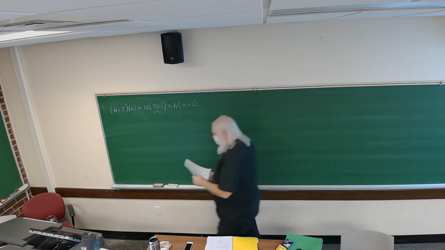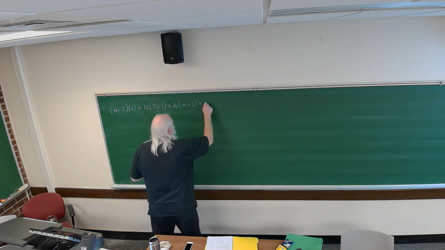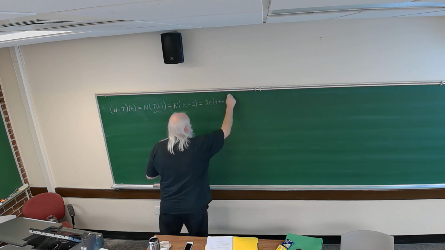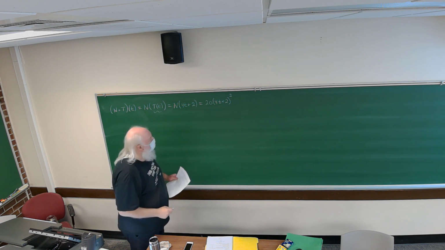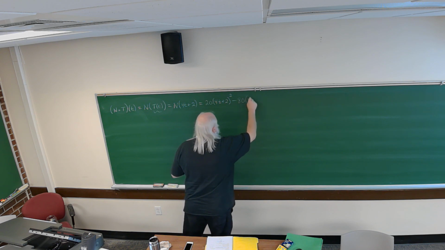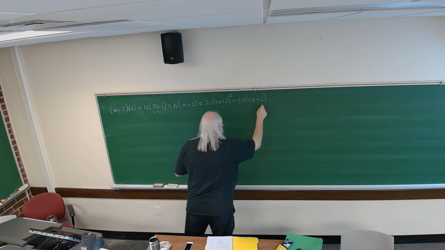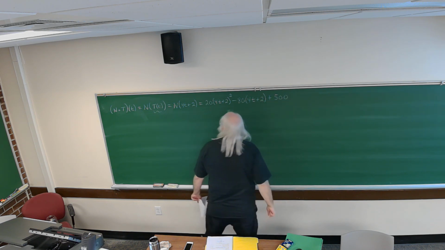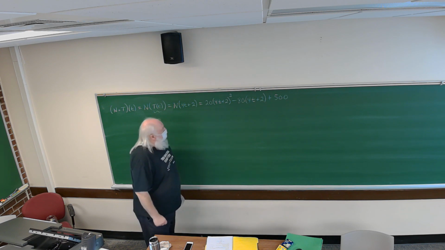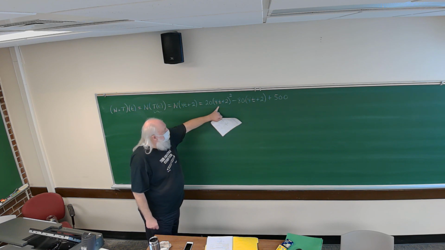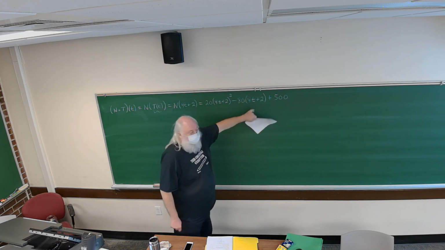So this is equal to 20 times (4t plus 2) squared, because it's t squared, minus 80 times (4t plus 2), plus 500. So replace t squared with (4t plus 2) squared, and t with 4t plus 2 here.